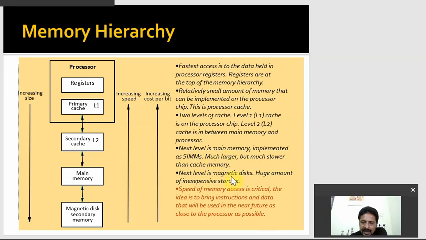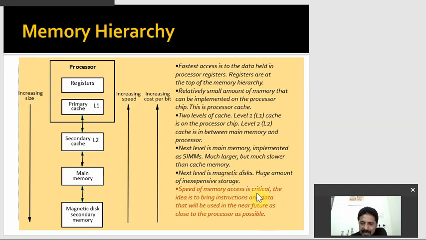The next level is magnetic disks, where a huge amount of data can be stored inexpensively, but the speed is very low.